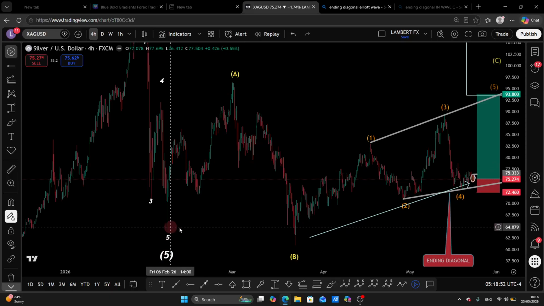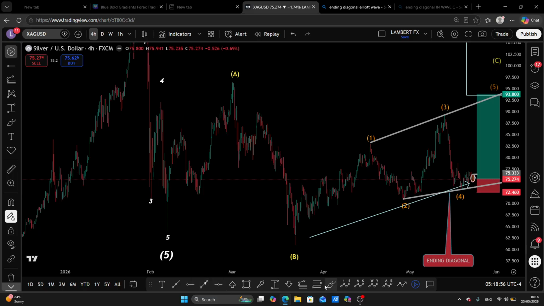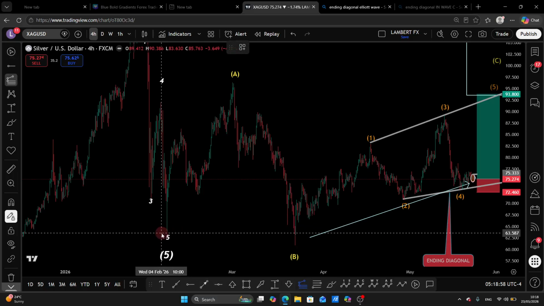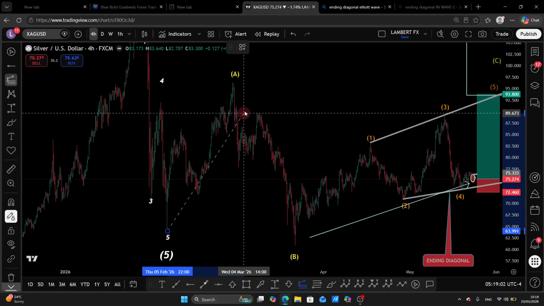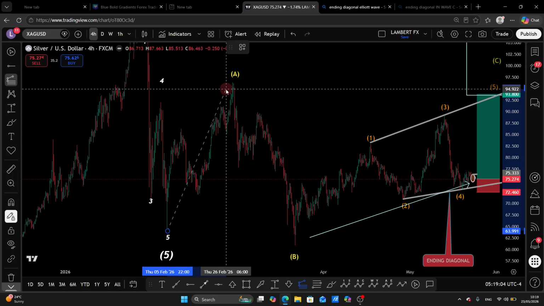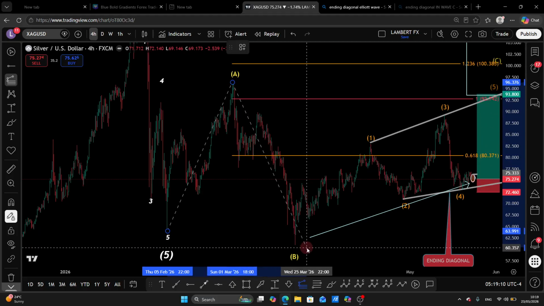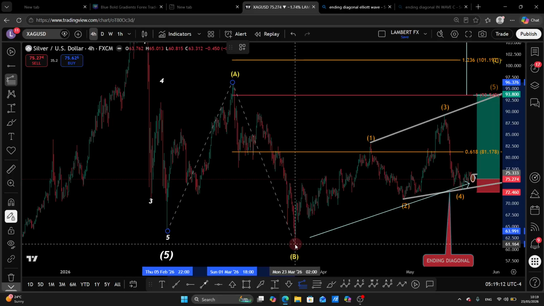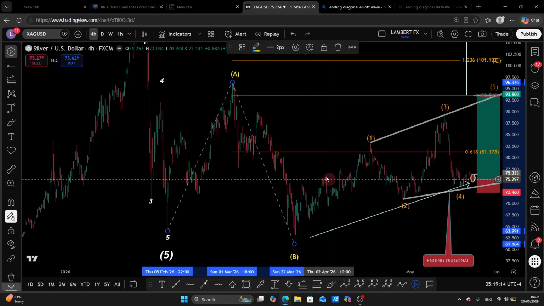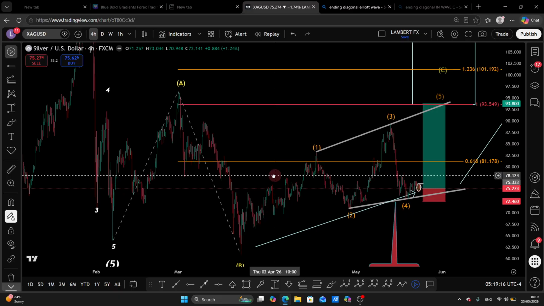You measure from where your 5 ended, the first leg 5 down, to your A, and then to your final leg down to your B. Then you release the fib.